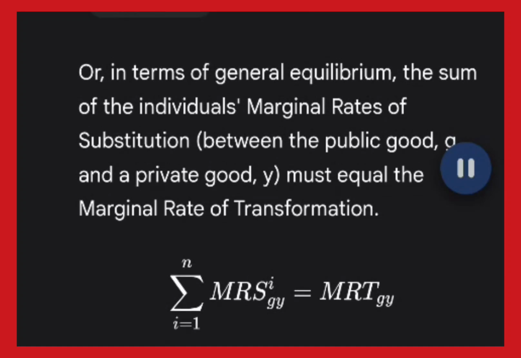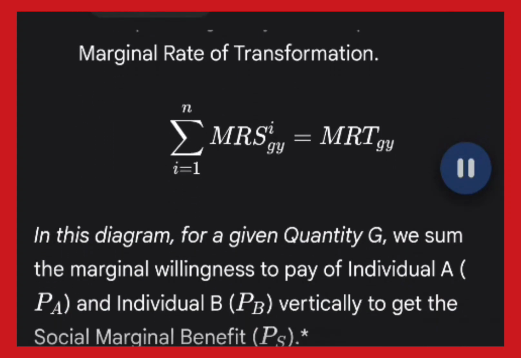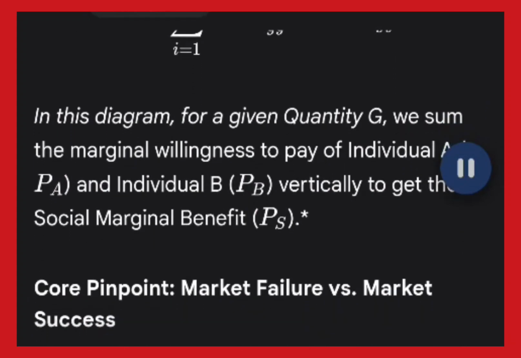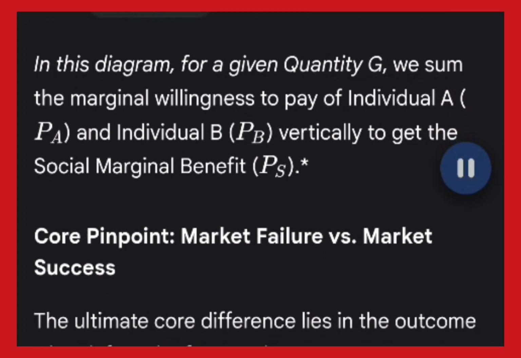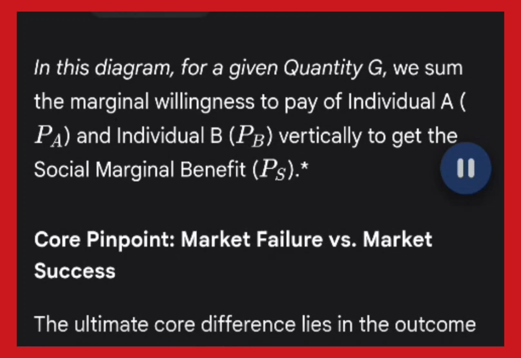In this diagram, for a given quantity G, we sum the marginal willingness to pay of individual A, P_A, and individual B, P_B, vertically to get the social marginal benefit, P_S.